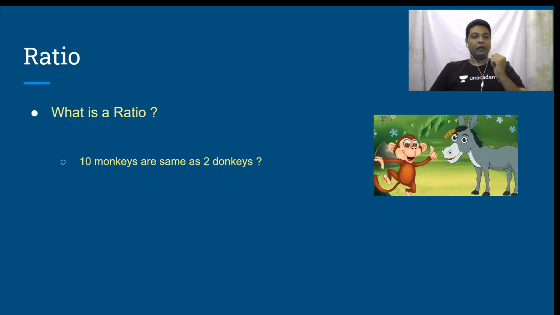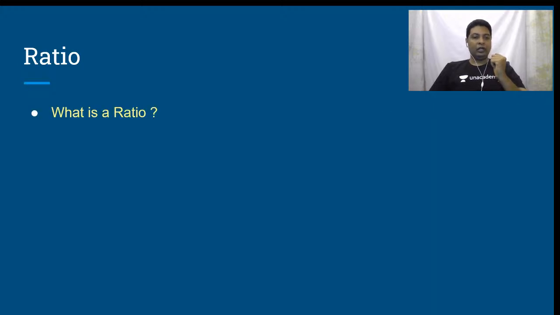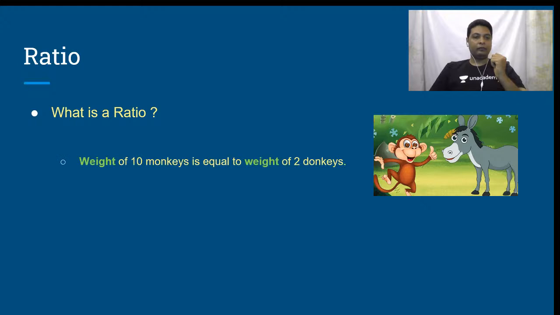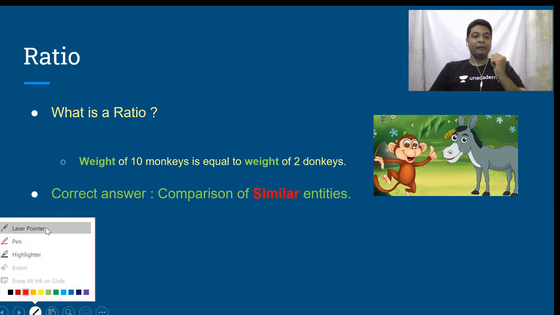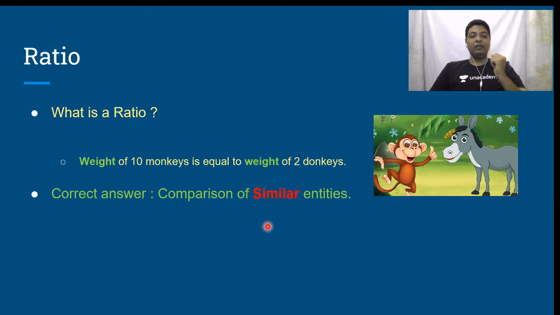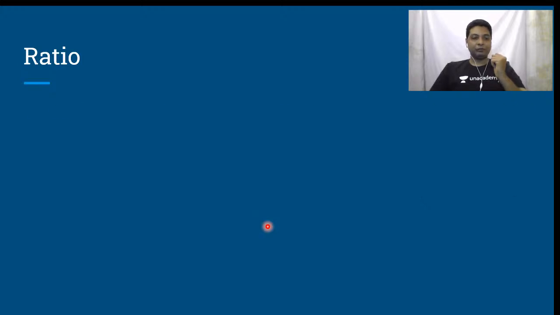Therefore, ratio is not comparison of entities. Instead, if I make the statement, weight of 10 monkeys is equal to the weight of 2 donkeys, does it make sense? Yes. Therefore, ratio is comparison of similar entities. This is very, very important for us to understand.